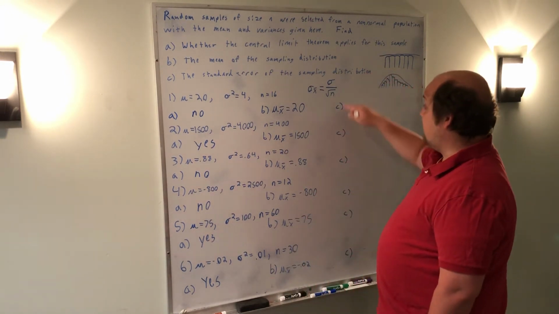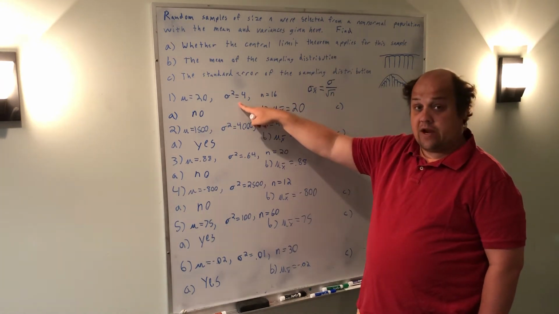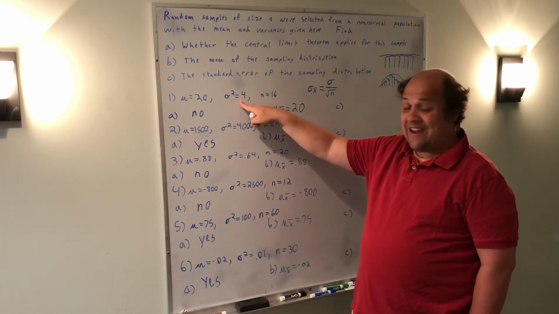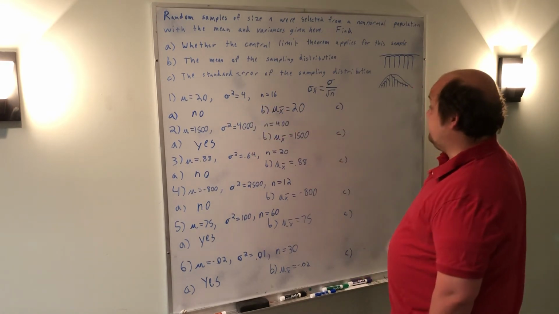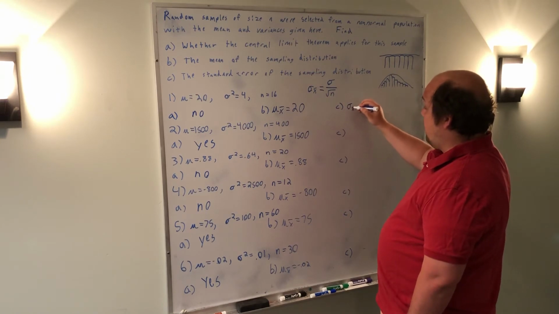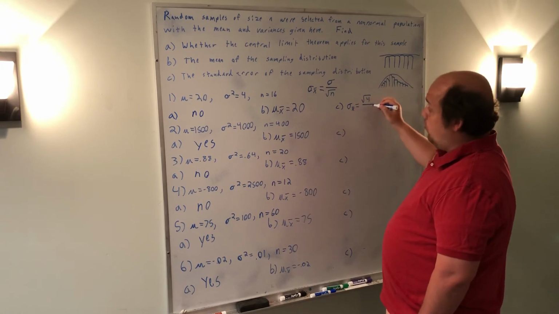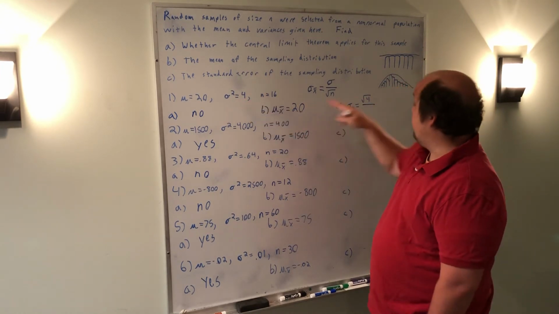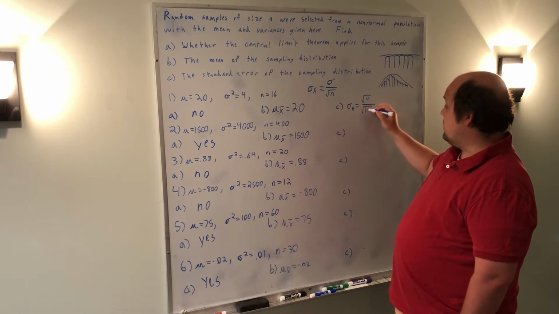Do notice that the formula calls us to use sigma, but what we've been given is sigma squared. So we're going to have to take the root of sigma squared first, then put it into the formula. So this becomes sigma sub x bar equals the root of 4, or in other words, the root of sigma squared to get back to sigma, over the root of n, in this case the root of 16.